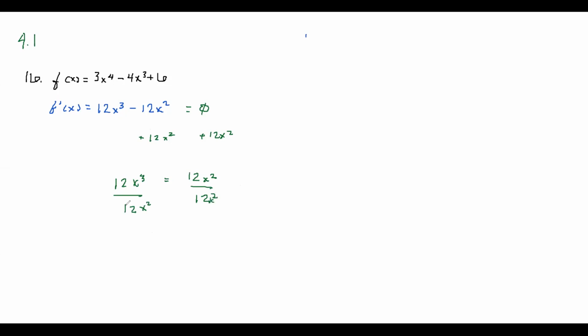So the 12's cancel out, the x squareds cancel out, and x squared is going to knock off 2 of those x's. So we're going to end up with x is equal to 1. So what does that tell us? What does x equal to 1 mean?